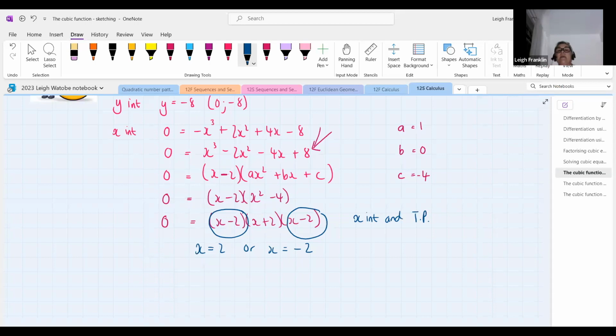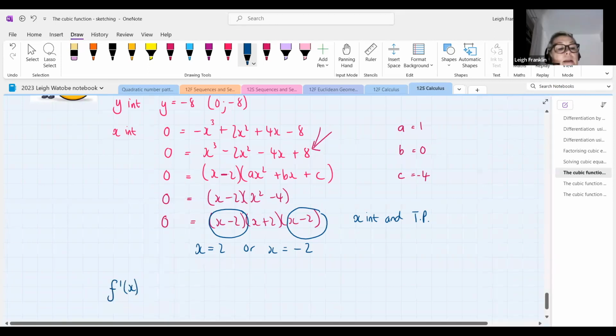Okay, we saw the same thing when x was equal to 6 in the previous example. So x minus 2, where x is equal to 2, that's going to be an x-intercept and a turning point. Lovely. Okay, so we've got the y-intercept, we've got the x-intercepts. Now we want the coordinates at the turning points. So, f prime x. Now we're going to go back to the original equation.